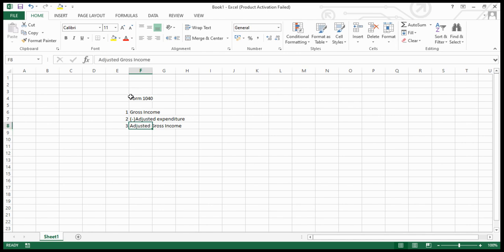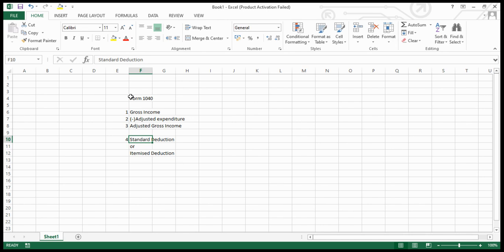Once I arrive at adjusted gross income, I am going to take the standard deduction as per law, or the itemized deduction. Anything can be possible.